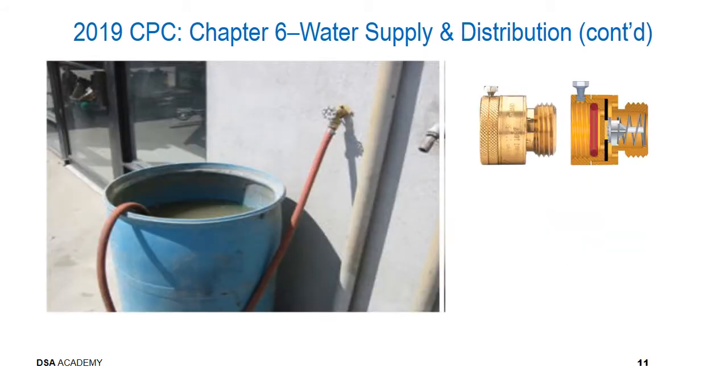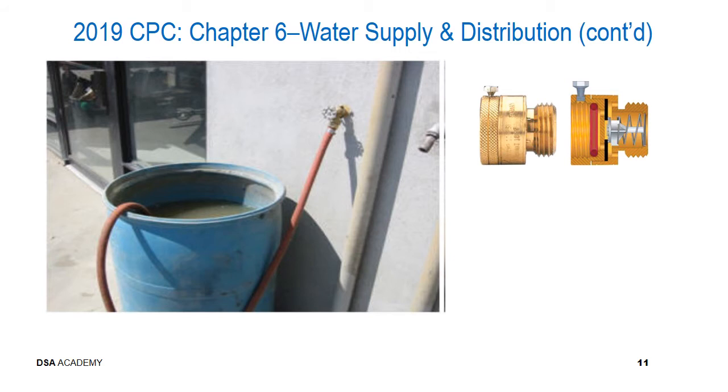This particular image on the left depicts a commonly used construction type backflow prevention device. It's a hose connection vacuum breaker, and this is one of the four that we discussed earlier. It is not approved for continuous pressure and is not approved for use for more than 12 hours in a 24-hour period.